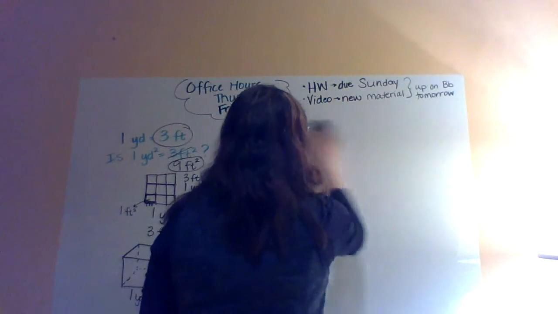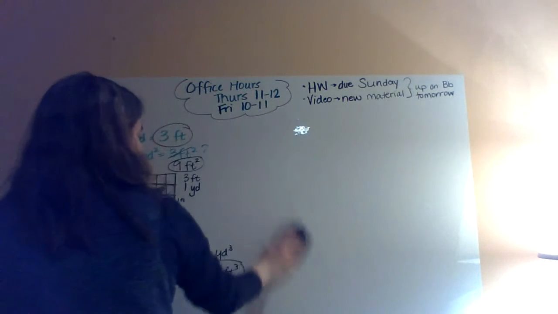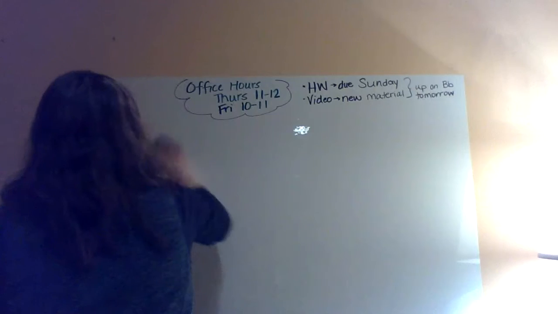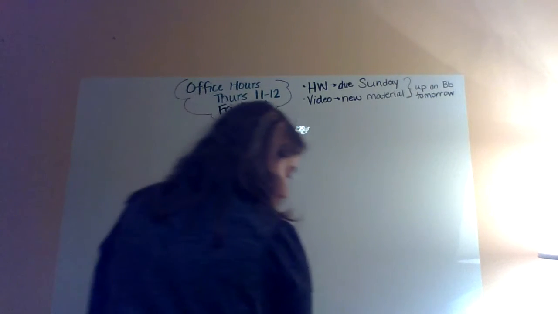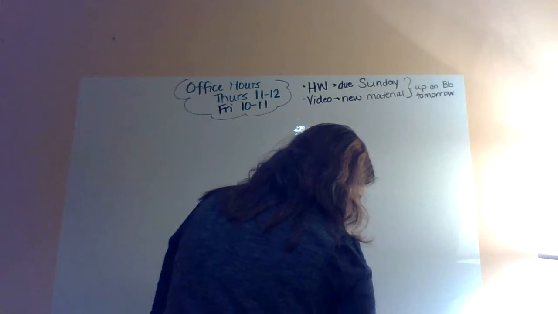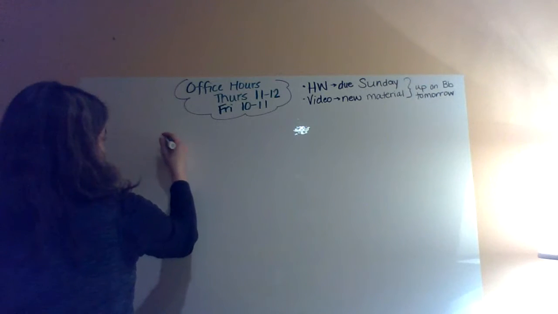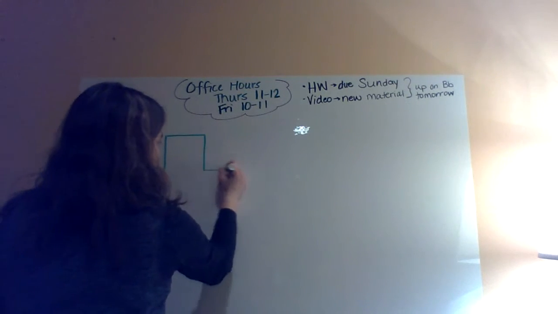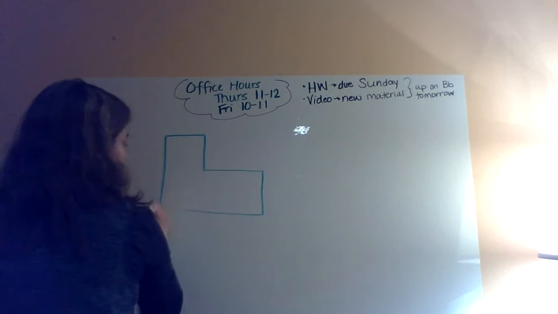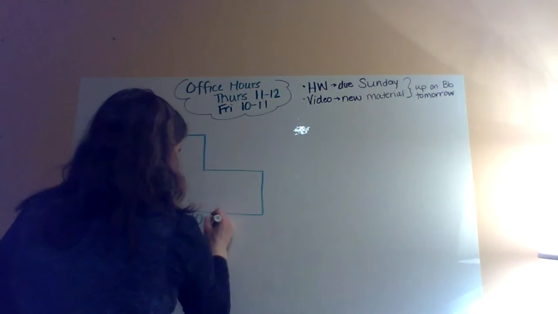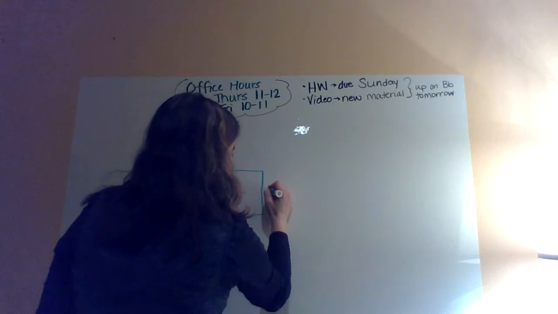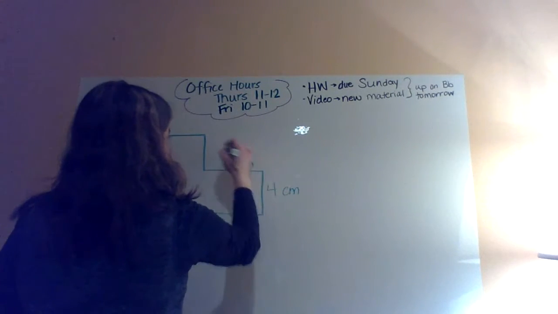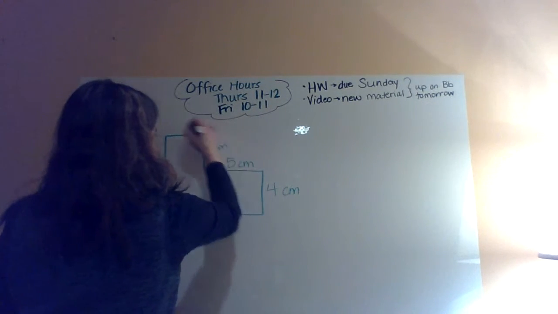So let's say we have a shape that looks kind of like an L. And it's going to have these measurements. So it looks like this. This is going to be 10 centimeters. This is going to be 4 centimeters, 5 centimeters, 2 centimeters.